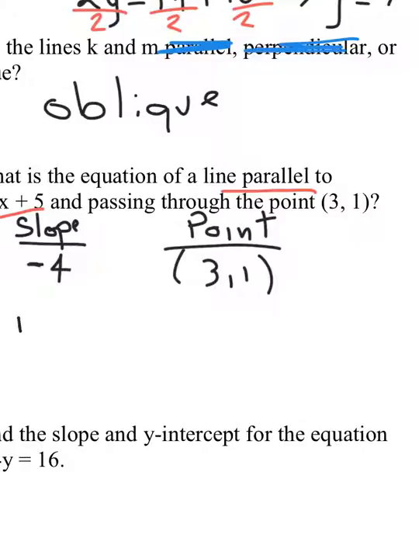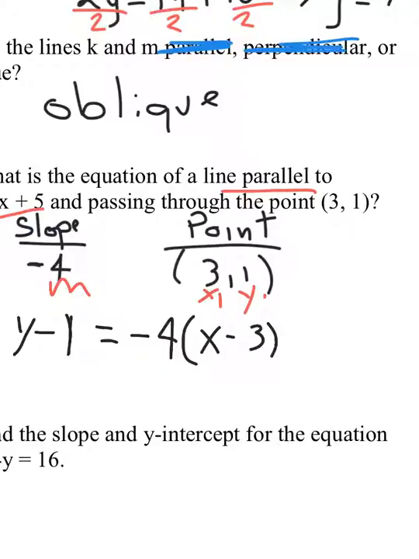Point slope is y minus y1. I'm not wrong, I'm right. That sounded like a buzzer telling me I was wrong. Y minus 1 equals the slope times parentheses x minus x1. So that is point slope form.